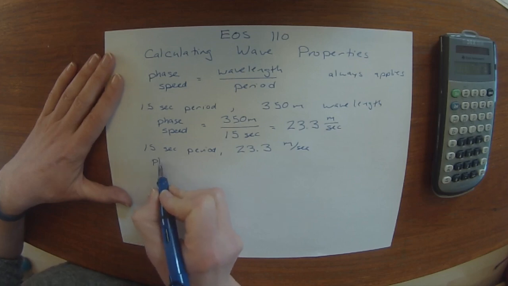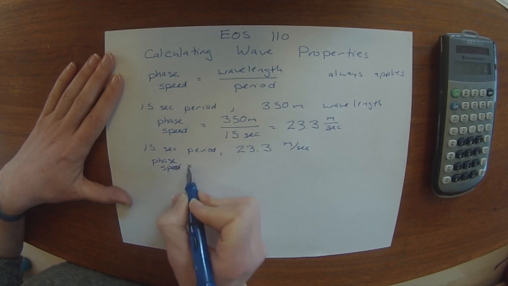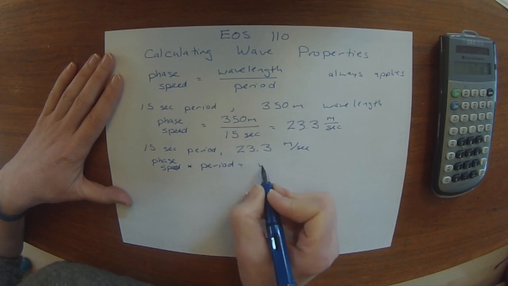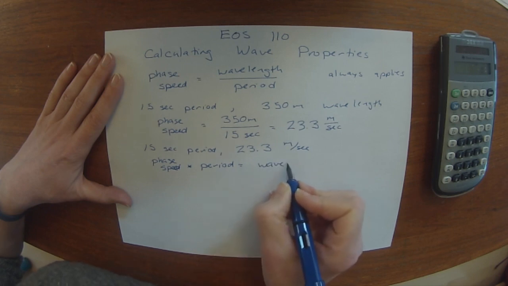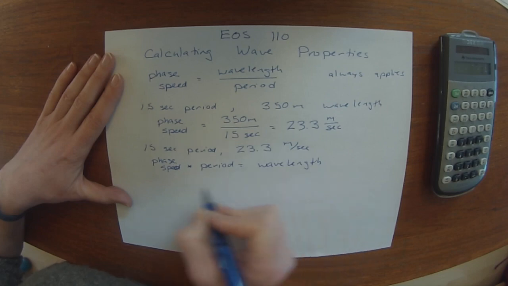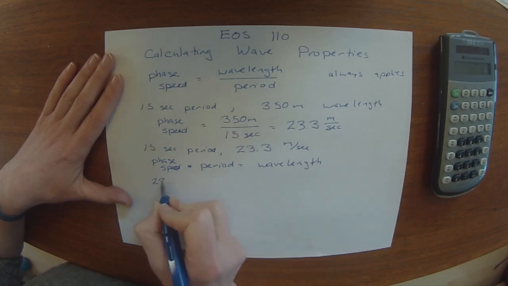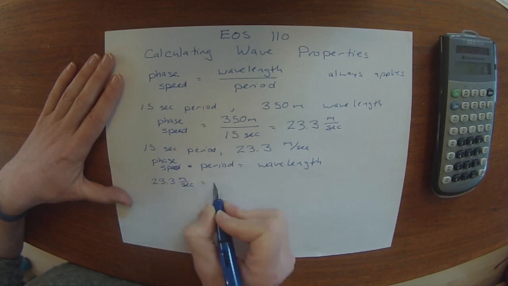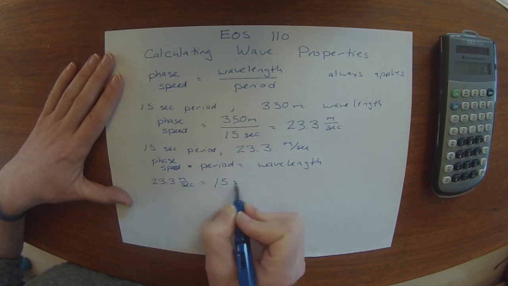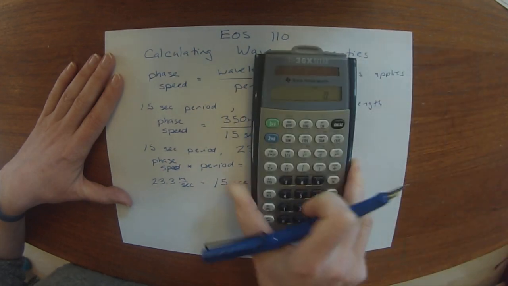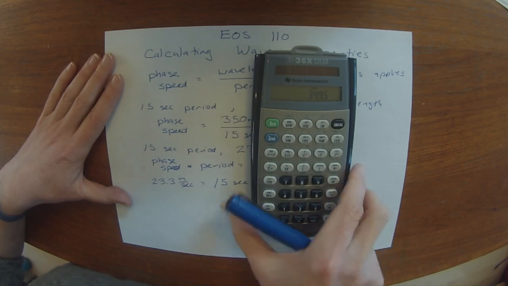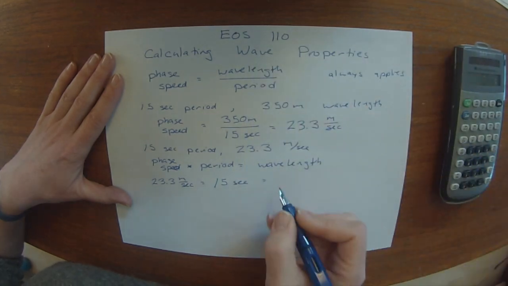So we would have phase speed times period equal to the wavelength. Our phase speed is 23.3 meters per second, and period is 15 seconds. If we multiply those two together, we get 350 meters approximately.